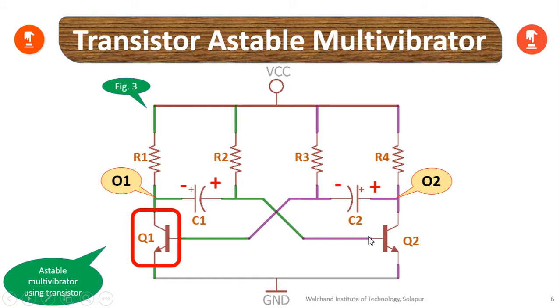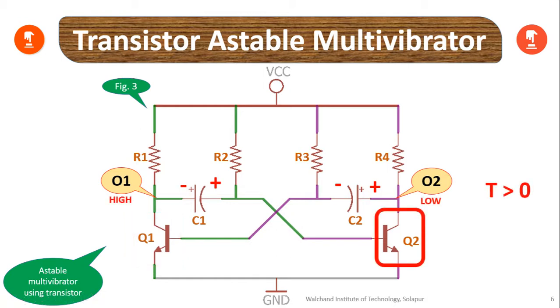This causes a switching action, and this is going to be the start of the next half cycle. In this condition, at t greater than 0, transistor Q2 is on, therefore its collector output O2 is low, and transistor Q1 is off, therefore its collector output O1 is high.